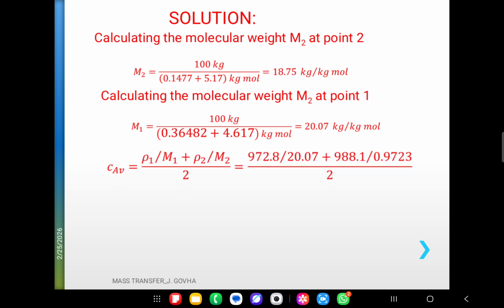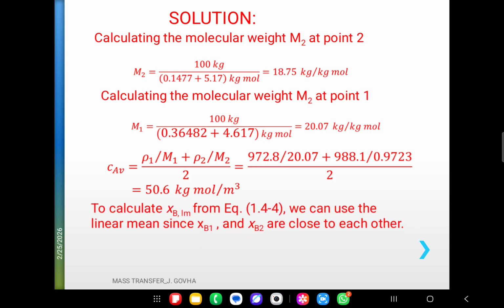So our CA average is calculated as rho 1 over M1 plus rho 2 over M2, over 2, which is the average total concentration. Then to calculate our XB1, we can use the linear concept, since this is very dilute.